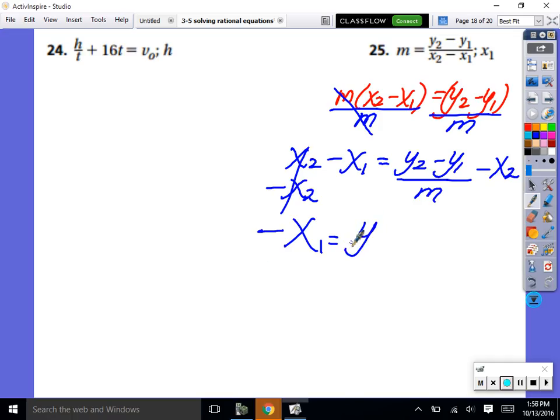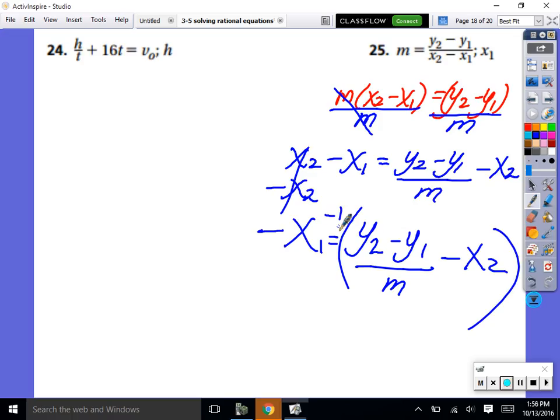He was only off by 1 sign, and that's because there was a negative here he might have forgot about. y2 minus y1 all over m, and then minus x2. So then we would multiply both sides by -1, correct? So we have x1 is equal to, this becomes a negative, that becomes a positive. Negative y2 plus y1 over m, and then plus x2.